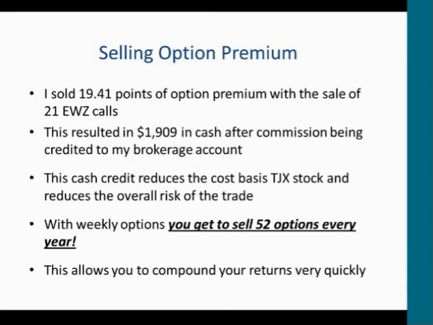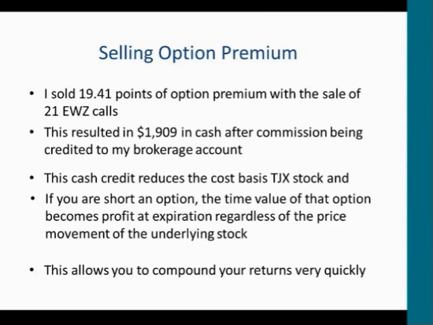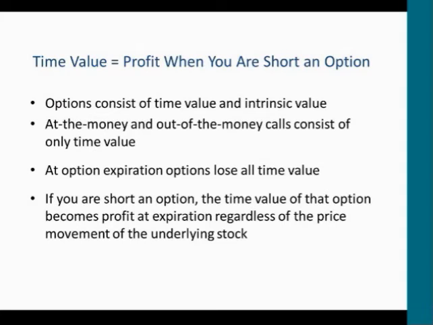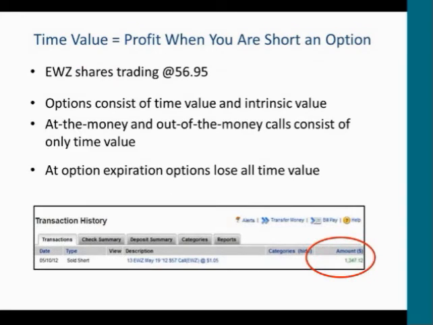And I get to sell these call options 52 weeks a year, and as we saw in the case of the market neutral spreads, with the super portfolio you also get to collect a lot of time premium over the course of a year. So this allows you to compound your returns very quickly. And as I mentioned, the time value portion of an option becomes profit when you're short that option at expiration, because the option loses all of its time value.